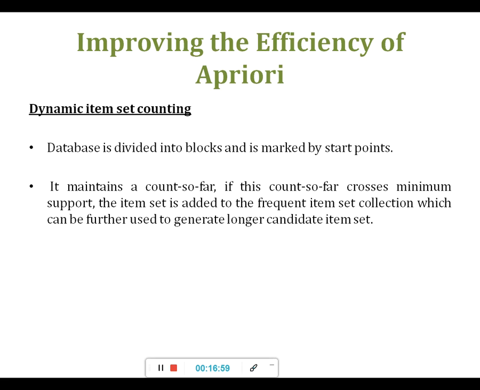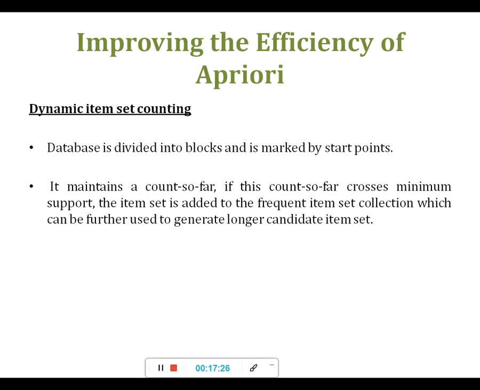And the last one is dynamic item set counting. What it says is that the database is divided into blocks and is marked by start points. It maintains a count so far, and if this count crosses the minimum support, then the item set is added to the frequent item set collection, which can be further used to generate longer candidate item sets.